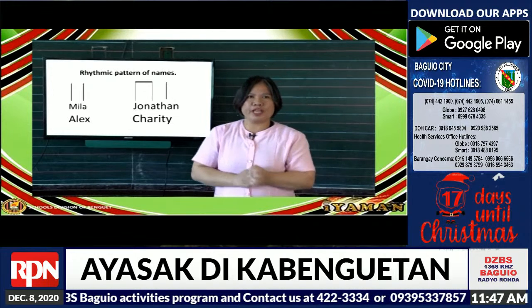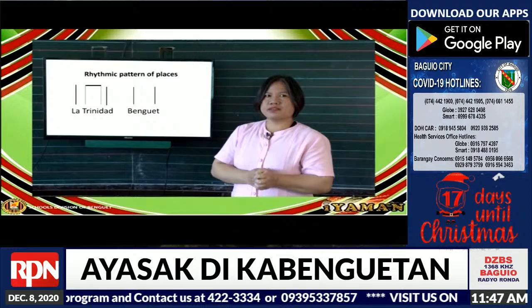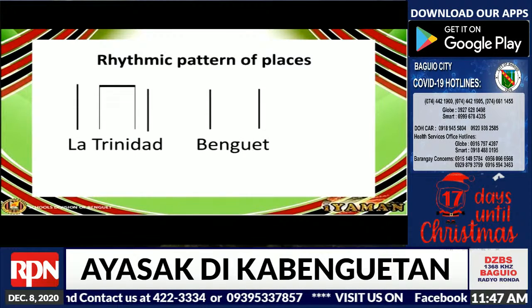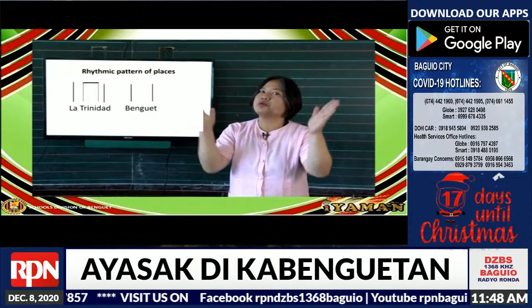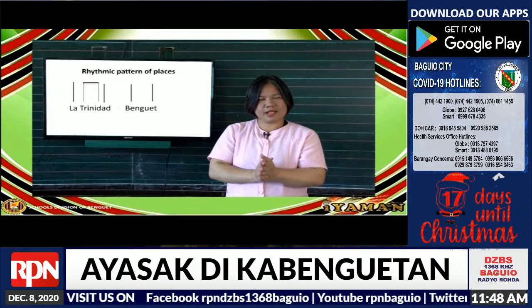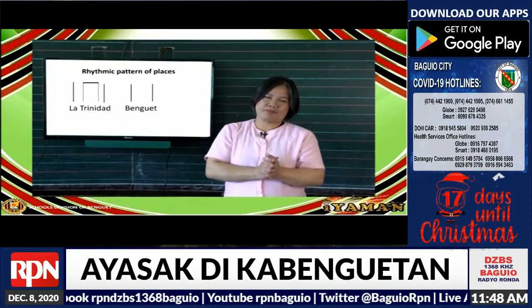It's not only for names, but we can have also the different places like La Trinidad Benguet. Okay, we will do the rhythmic patterns. La Trinidad Benguet. Again, La Trinidad Benguet.